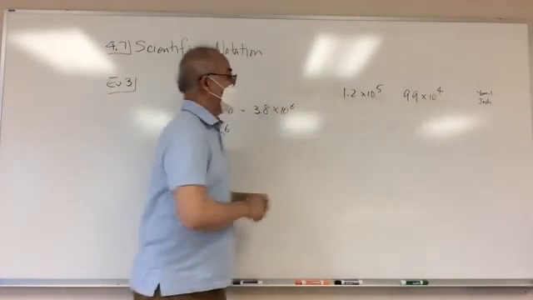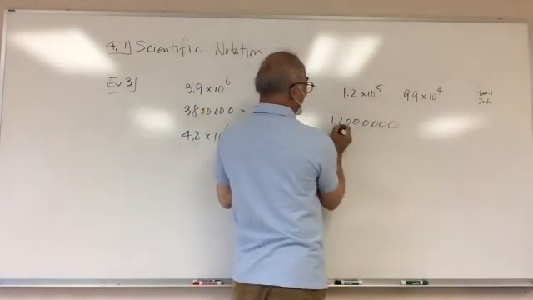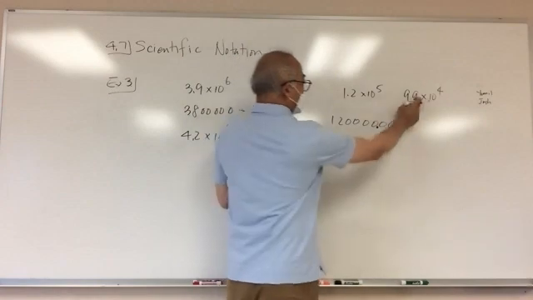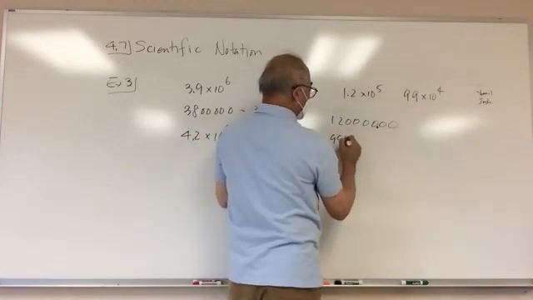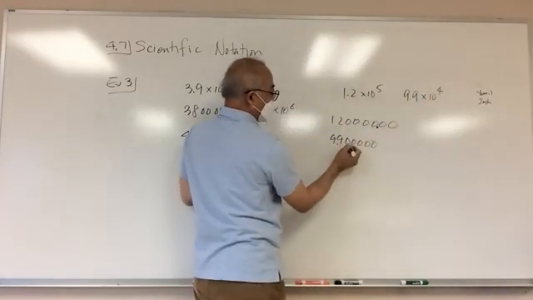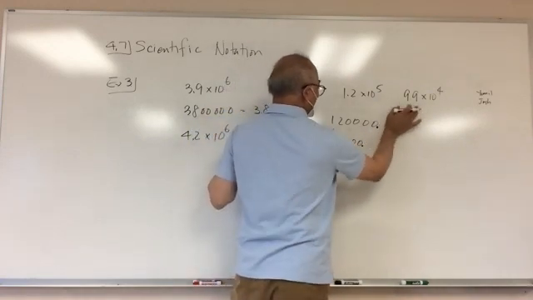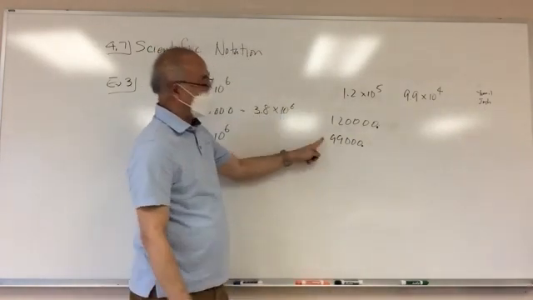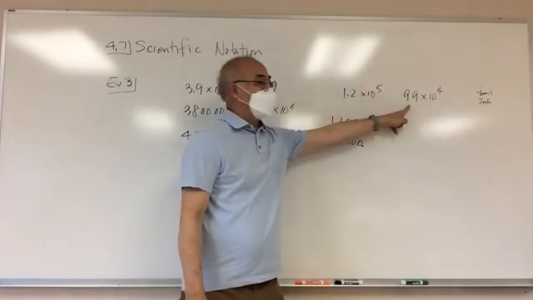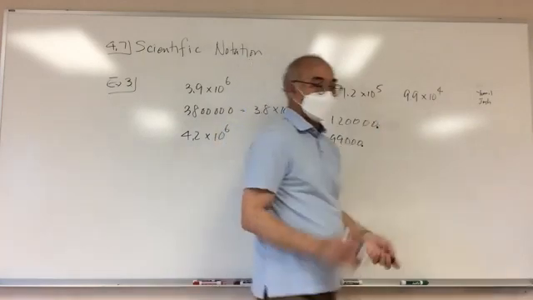If you actually do the math, you get 1.2, and I have to move this 5: 1, 2, 3, 4, 5. And this one is 9.9, and I have to move this 4: 1, 2, 3, 4. So I'm going to end up with this. Now you can see that this guy is smaller, even though it has the larger 9.9, because this is only to the 4th and this one's to the 5th. This one's going to be larger. Okay.